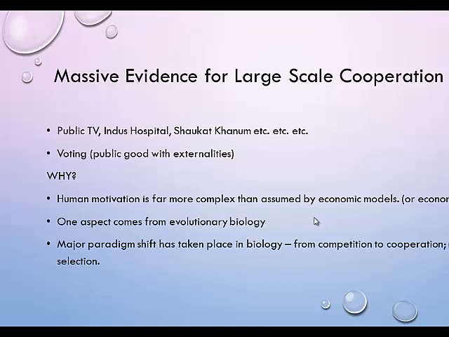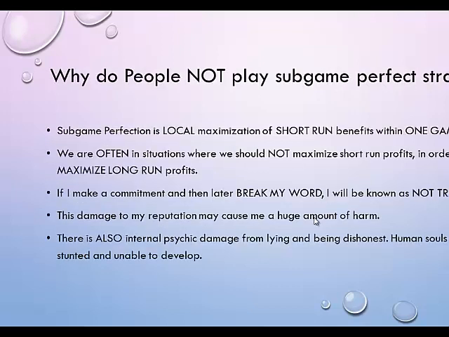But now biologists no longer believe this. They used to believe this, but this is no longer true, and so survival does not occur for only selfish and ruthless and competitive. In fact, this can be anti-survival, as we will show in this lecture.